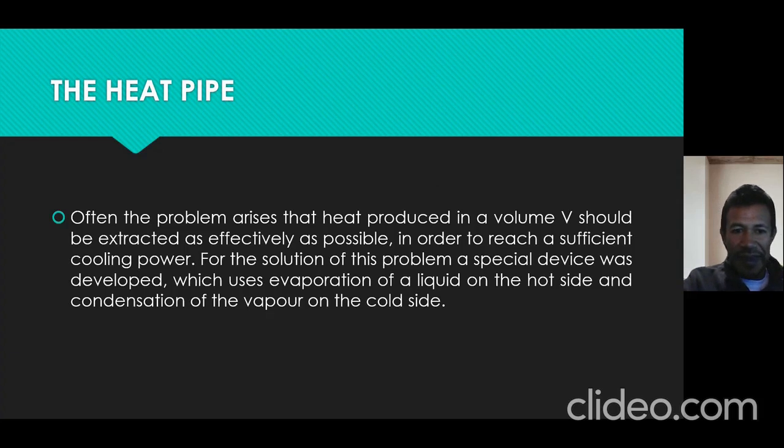The heat pipe. Often the problem is that heat produced in a volume V should be extracted as effectively as possible in order to reach a sufficient cooling power. For the solution of this problem, a special device was developed which uses evaporation of a liquid on the hot side and the condensation of the vapor on the cold side.